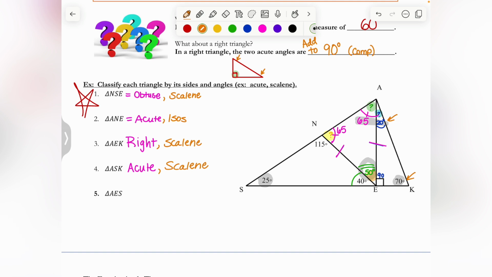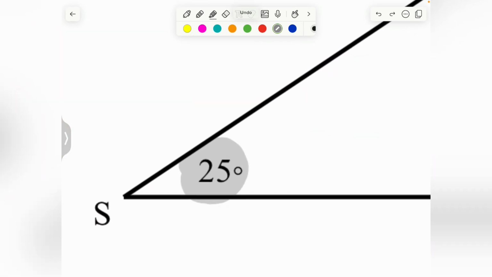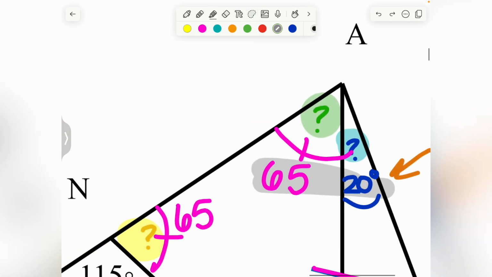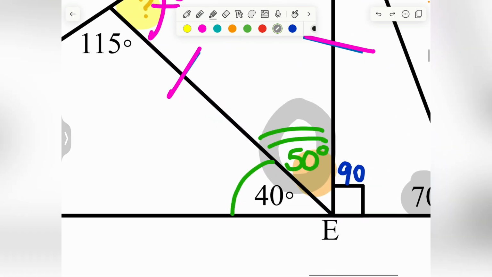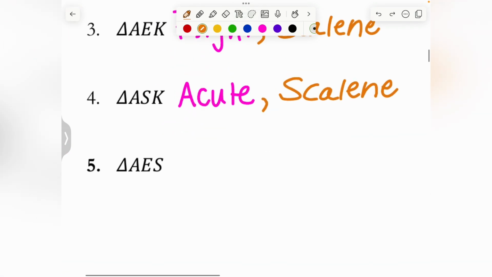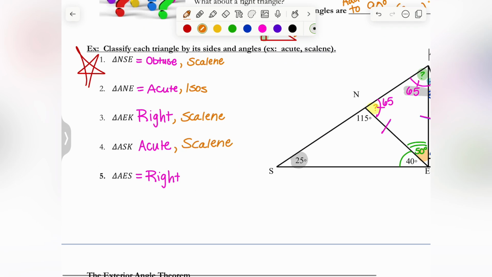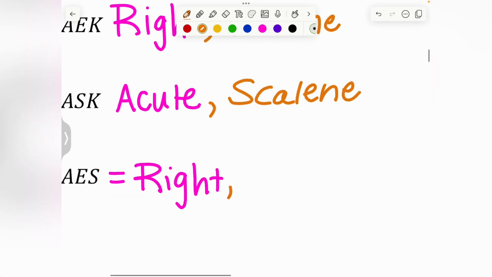Finally, AES. Now this one, be careful. AES is this triangle. Okay, so one of the angles is 25. The other one is 65, but we have to add these two angles together, and 50 plus 40 is 90. So one of the angles is a right angle, which makes this a right triangle with three different angle measures, 25, 65, and 90, making it scalene.